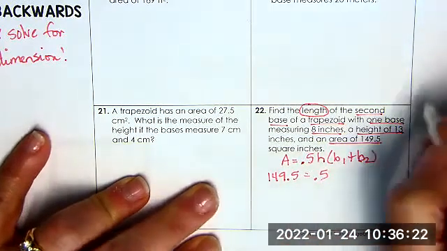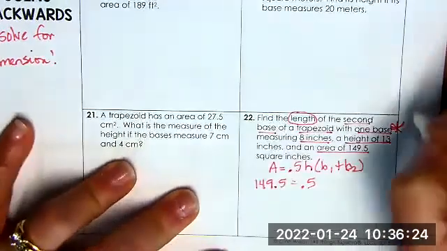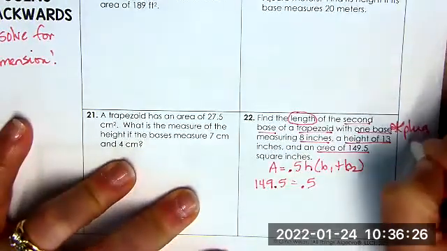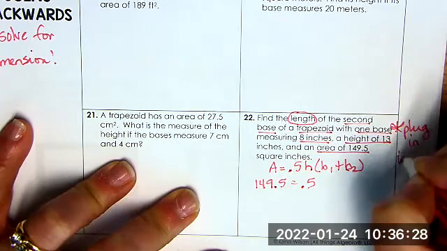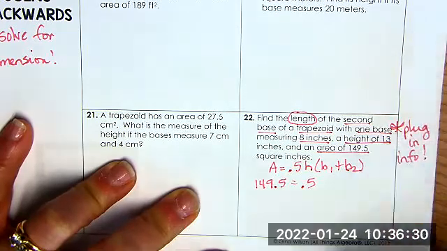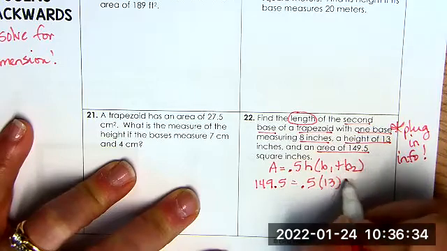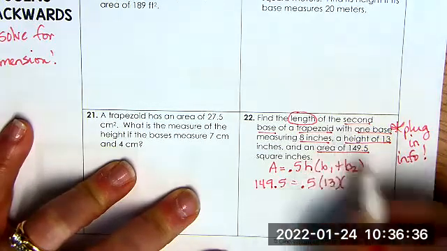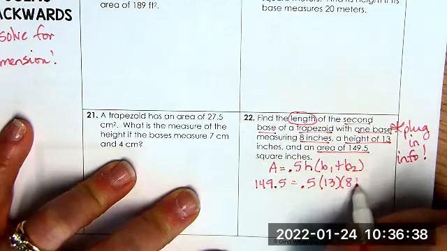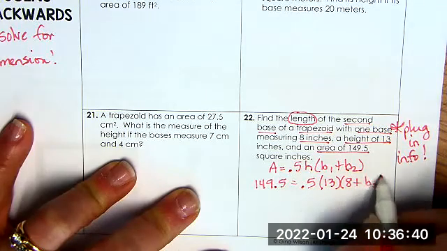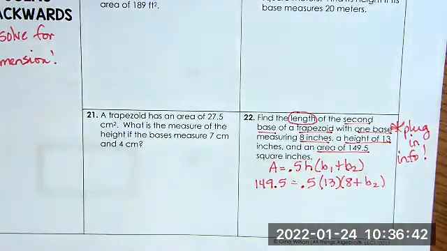So now I'm plugging in the information. So I know that my height is 13. I know that B1 is 8 plus B sub 2. I don't know what B sub 2 is. So therefore, that's what I'm solving for.